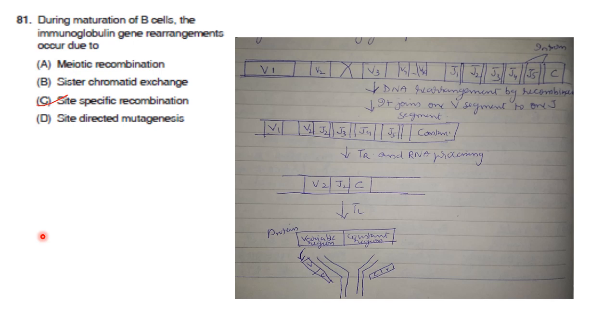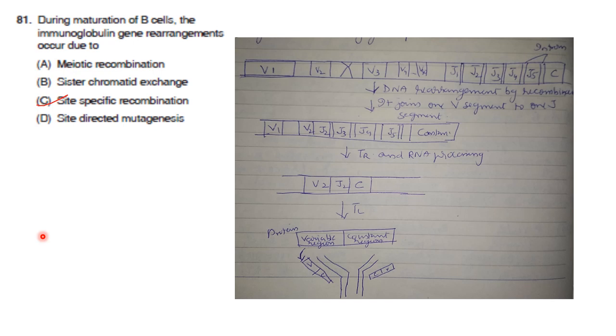And site-specific recombination involves two short DNA sequences which may be within the same molecule or in different molecules. And the functional genes that encode the IgG light and heavy chains are assembled by recombinational events at the DNA level. And these events and the parallel events involving T receptor genes are the only known site-specific DNA rearrangements in vertebrates.